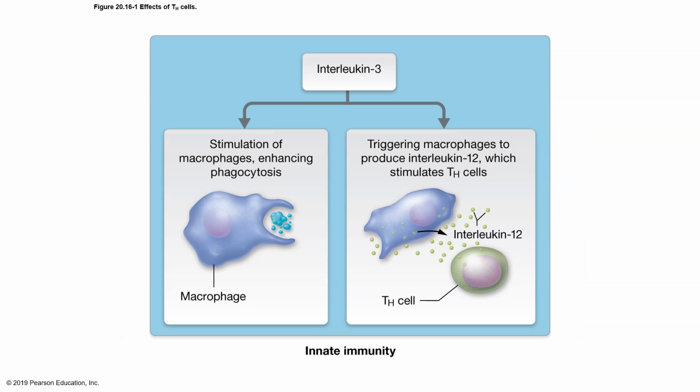This is a close-up showing you how interleukin-3 can be involved in your innate immunity by stimulating macrophages and enhancing phagocytosis. It can trigger macrophages to produce interleukin-12, which can then also stimulate your helper T cells.